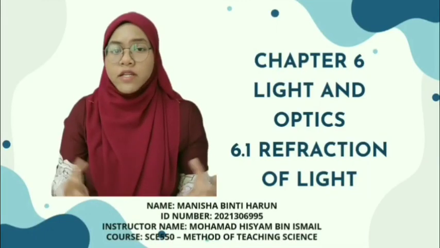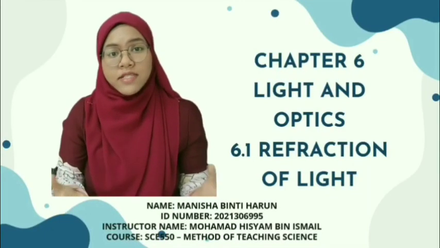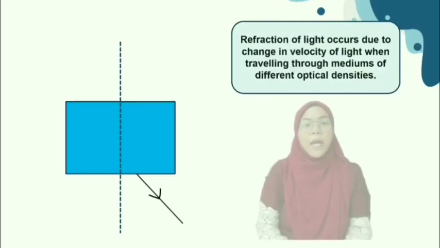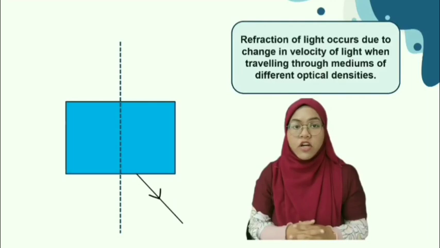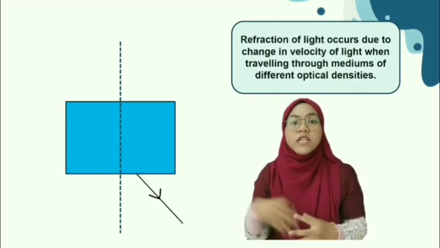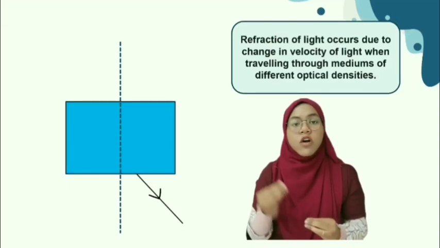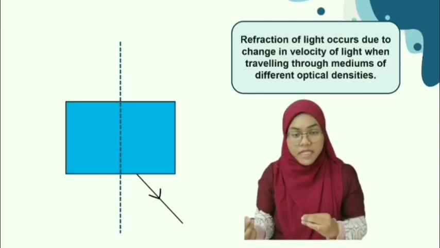Have you ever wondered why this situation occurs? Let's look at the definition of refraction of light. By definition, refraction of light occurs due to change in velocity of light when traveling through mediums of different optical densities.